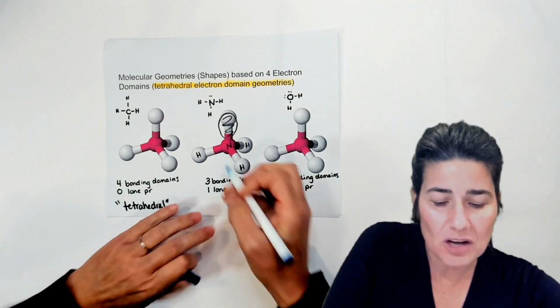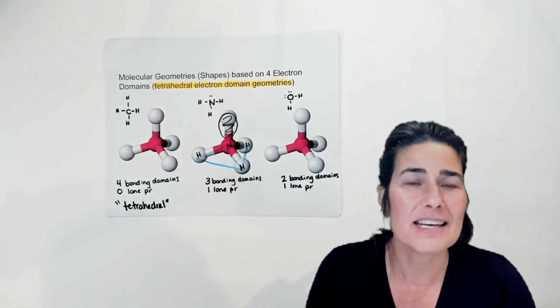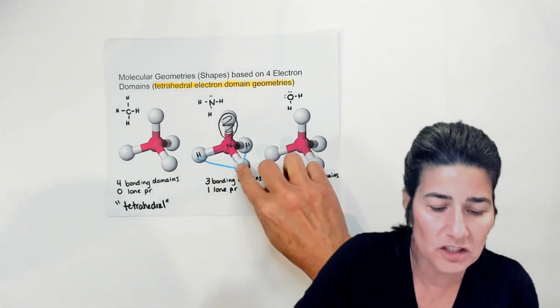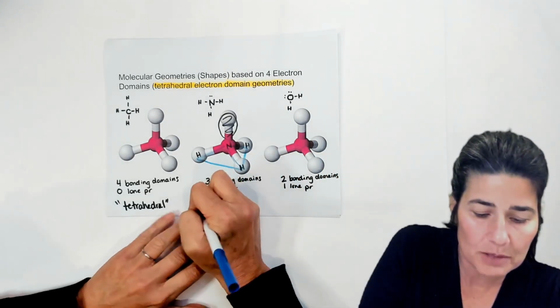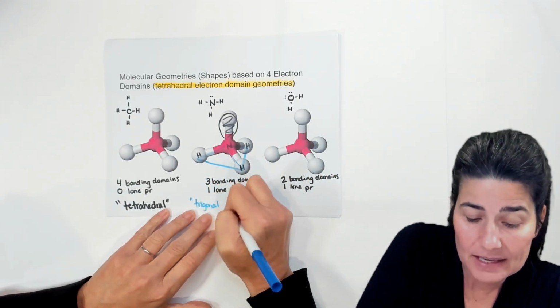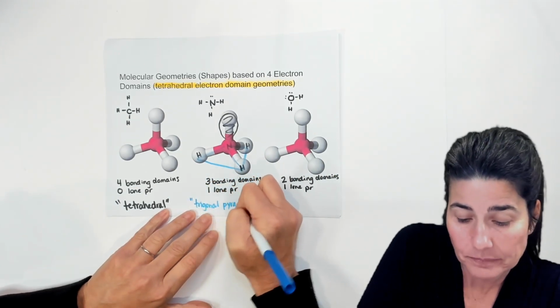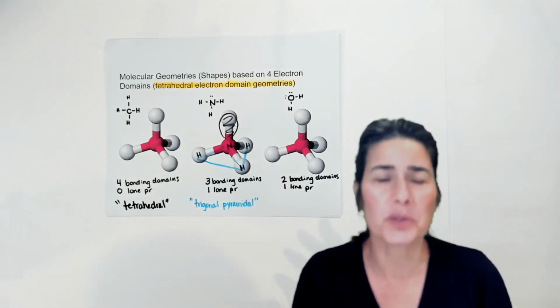Well, what's left over looks like a pyramid. It's a pyramid with a 1, 2, 3-sided base. So the molecular geometry is called trigonal, for triangle base, pyramidal. Just one single pyramid, trigonal pyramidal.